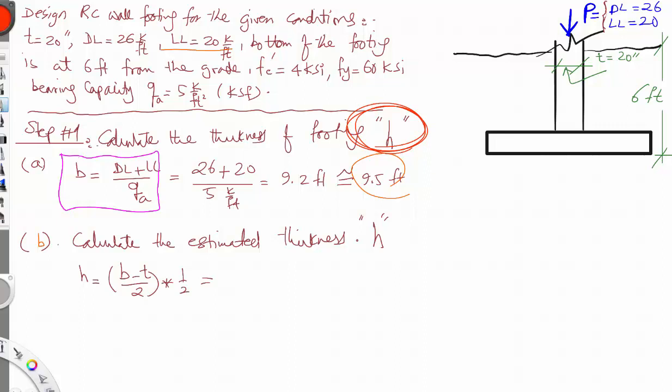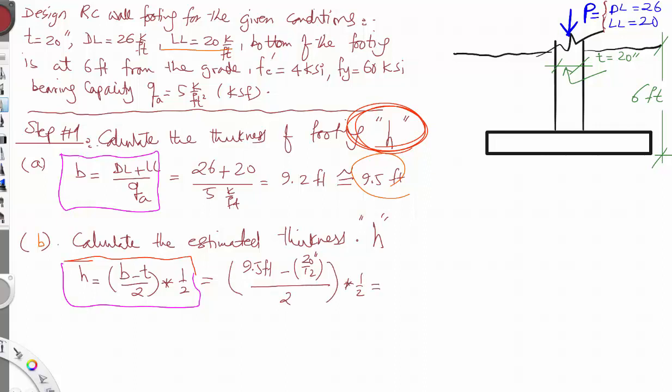Again, this is an equation. For this, just watch the units: 9.5 feet minus T, given as 20 inches, divided by 12 to convert into feet, then divide by 2 multiplied by half. This gets us an H value equal to 1.95 feet.